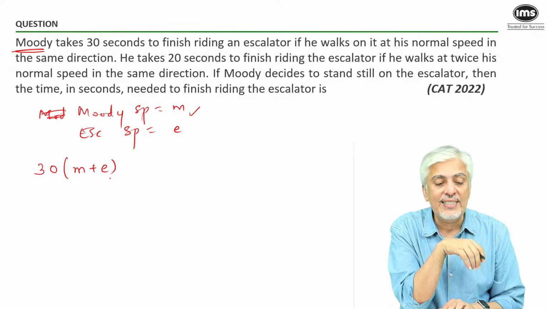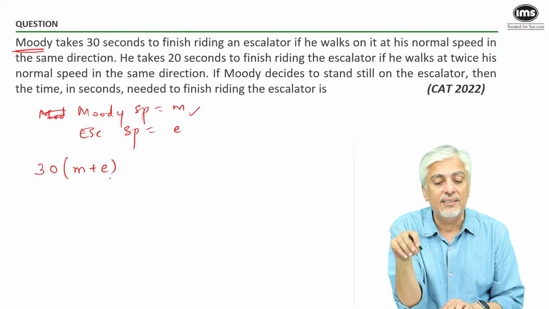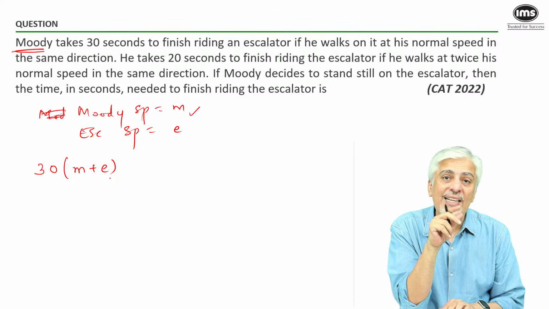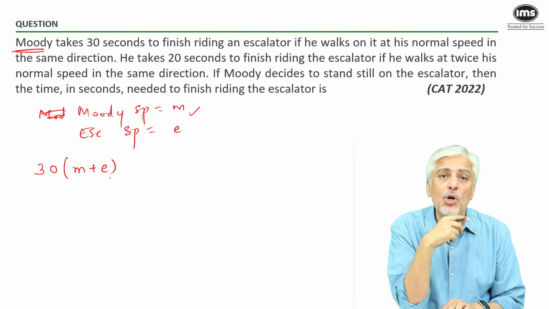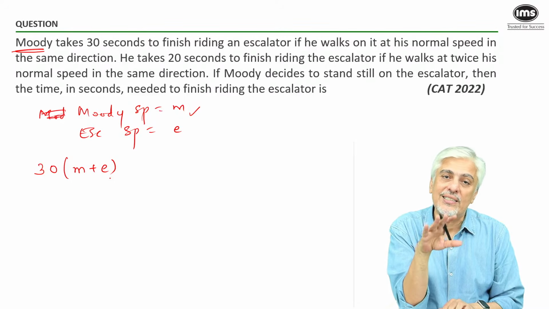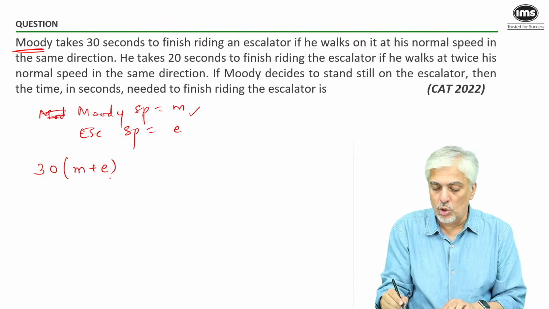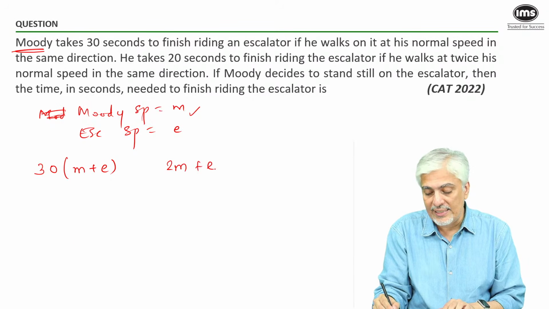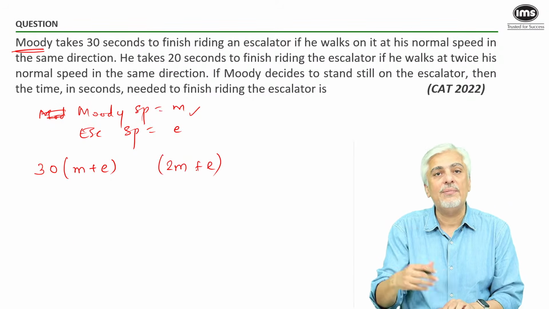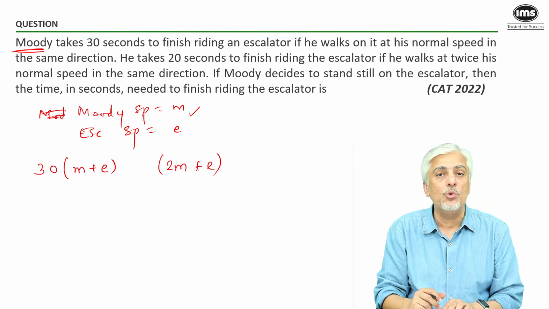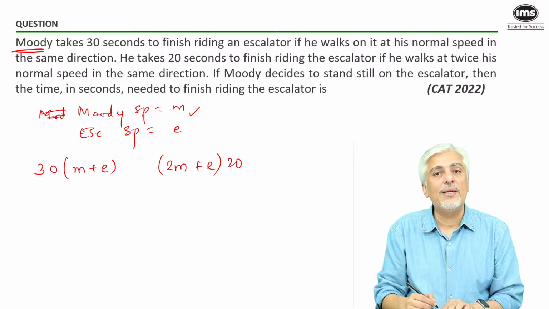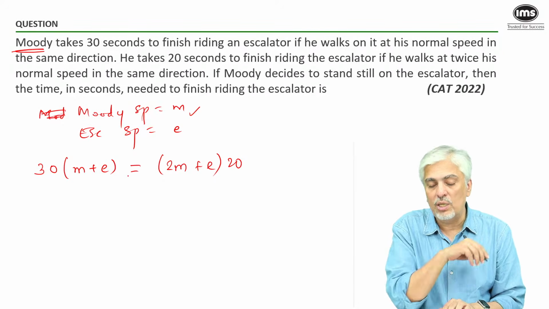He takes 20 seconds to finish riding the escalator if he walks at twice his normal speed. If he doubles his speed, remember the escalator doesn't double; it moves at the same speed. So his speed becomes 2m, the escalator is still at e in the same direction, helping Moody. This time he takes only 20 seconds, so multiply by 20, and these both are equal.